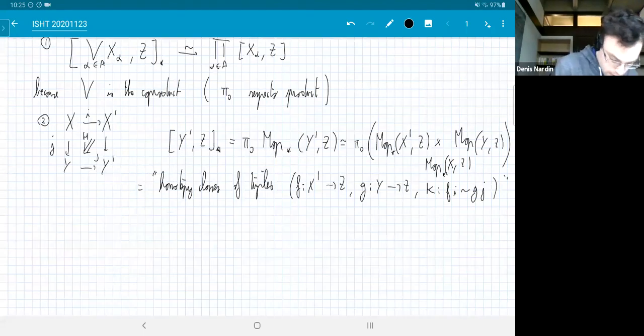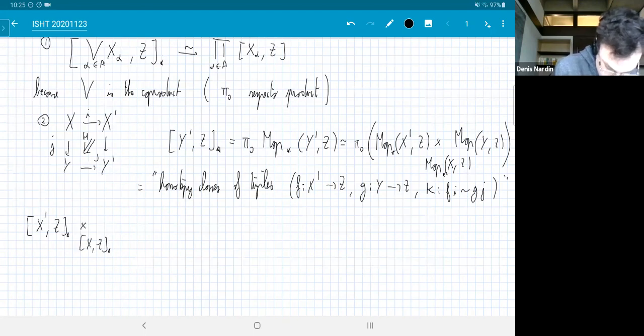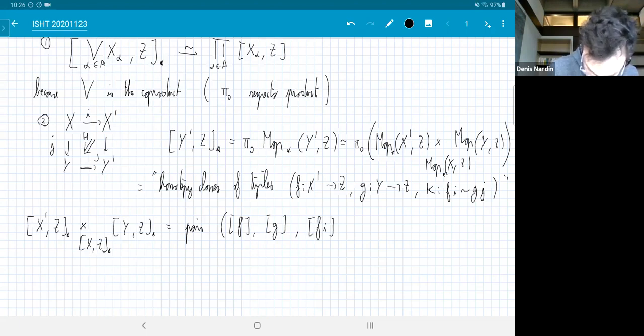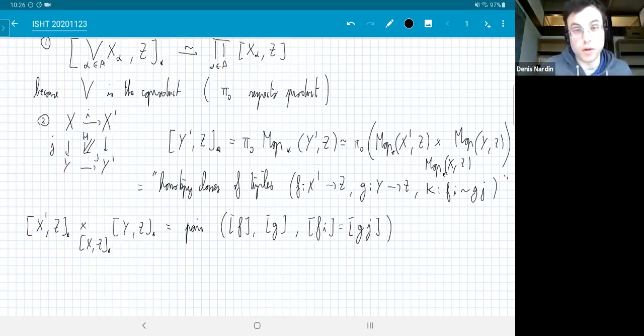And what is instead this? Well, this is pairs of a homotopy class of such an F, a homotopy class of such a G, such that the homotopy classes of these are equal.